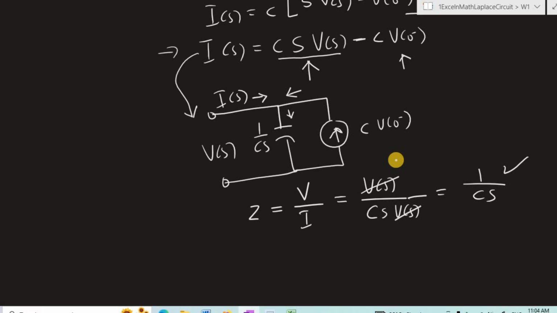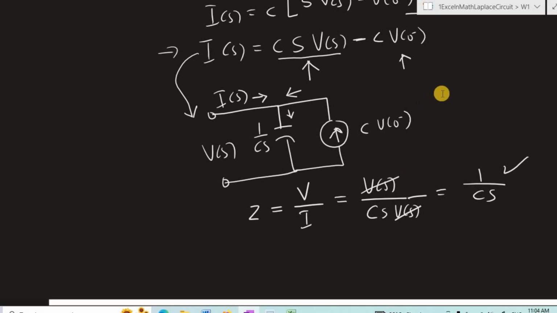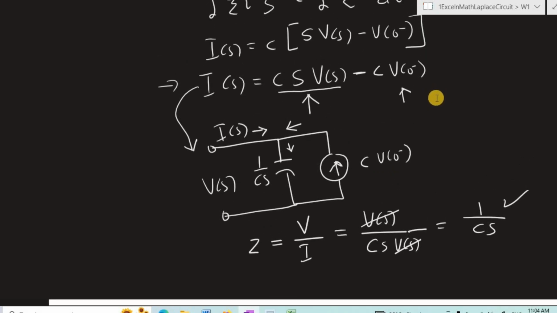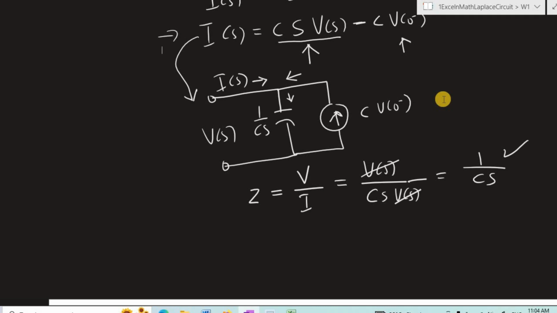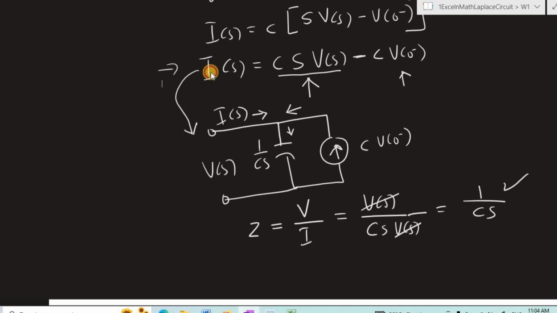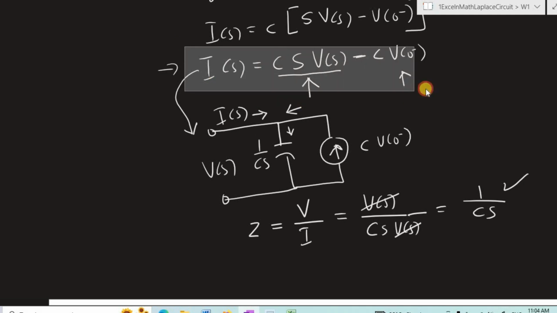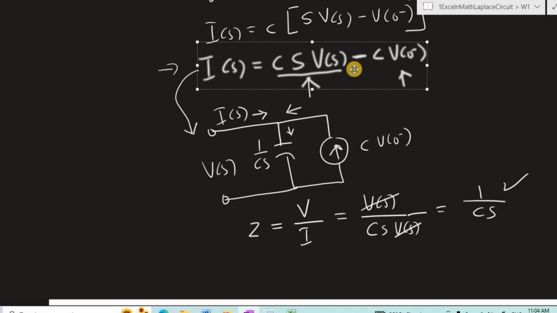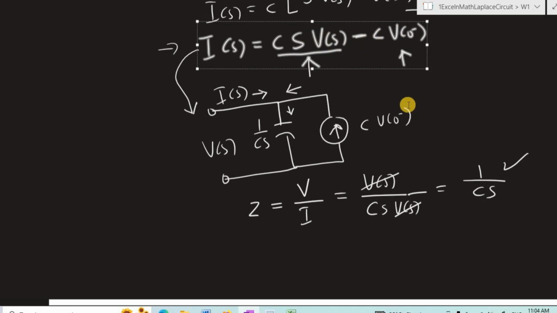Okay, so now it's time for us to derive the series circuit model of the capacitor by solving for V of S in this equation.